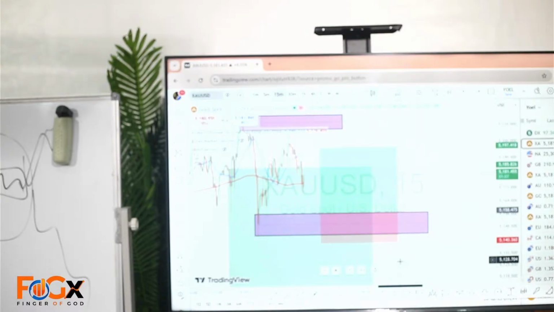And that is not much now. Take profit is at 5197.45.